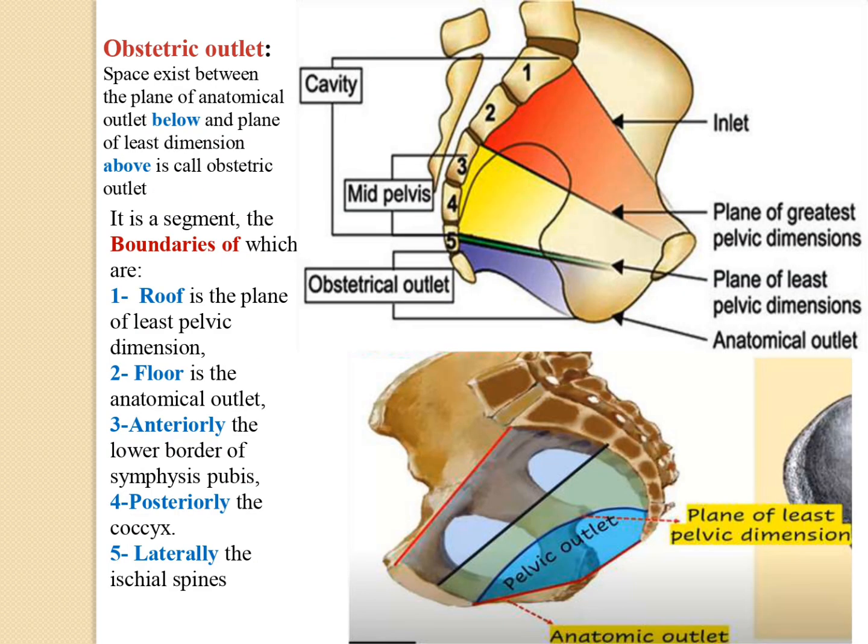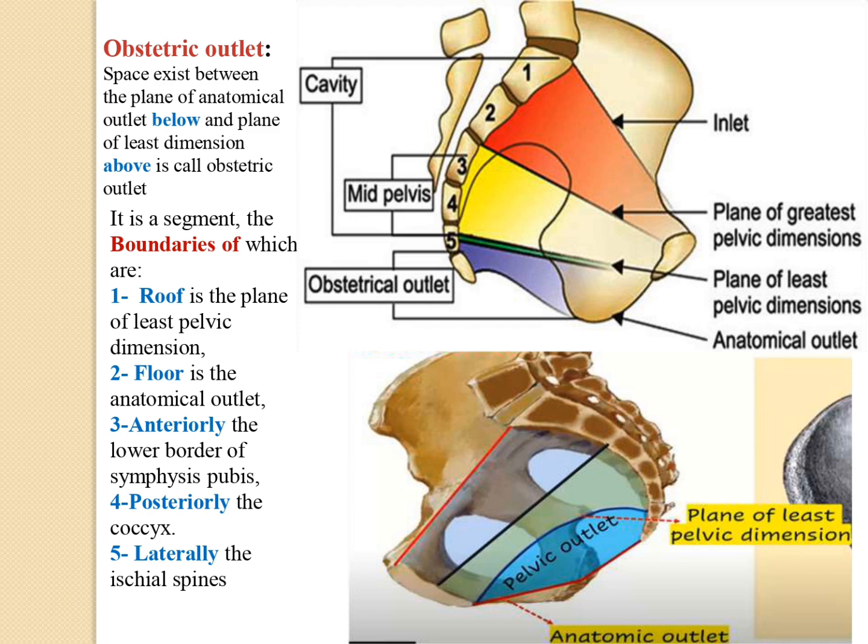This slide shows the obstetrical outlet and its boundaries. The obstetrical outlet is the space that exists between the plane of the anatomical outlet below and the plane of least pelvic dimensions above.